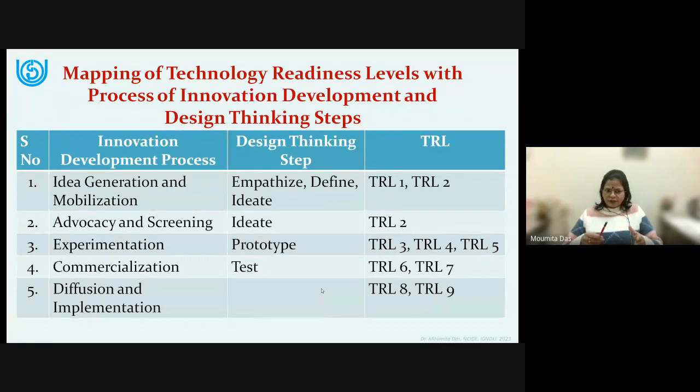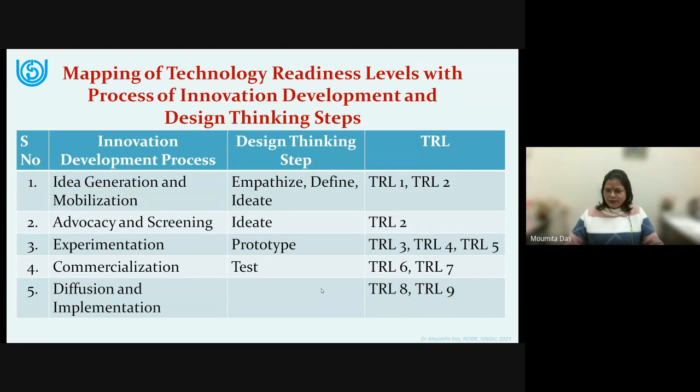So idea generation is where you do basic research and concept development, and then TRL 2, concept development, experimentation, prototyping. At the laboratory level is TRL 3, 4, 5. When you come to commercialization, it is 6, 7, 8, and diffusion and implementation, TRL 8 and 9.